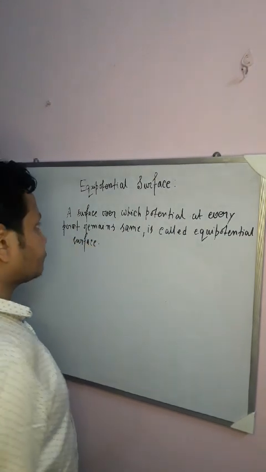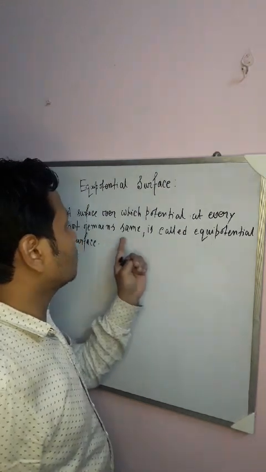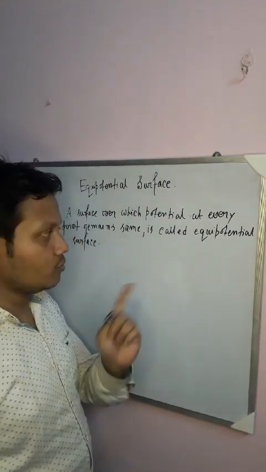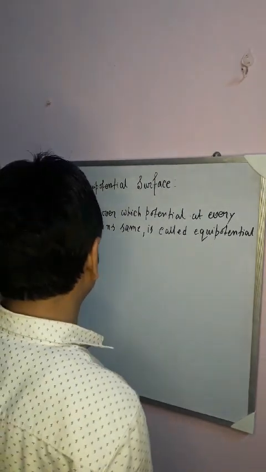Okay, so it is a surface over which the potential at every point remains the same. We can easily understand it.